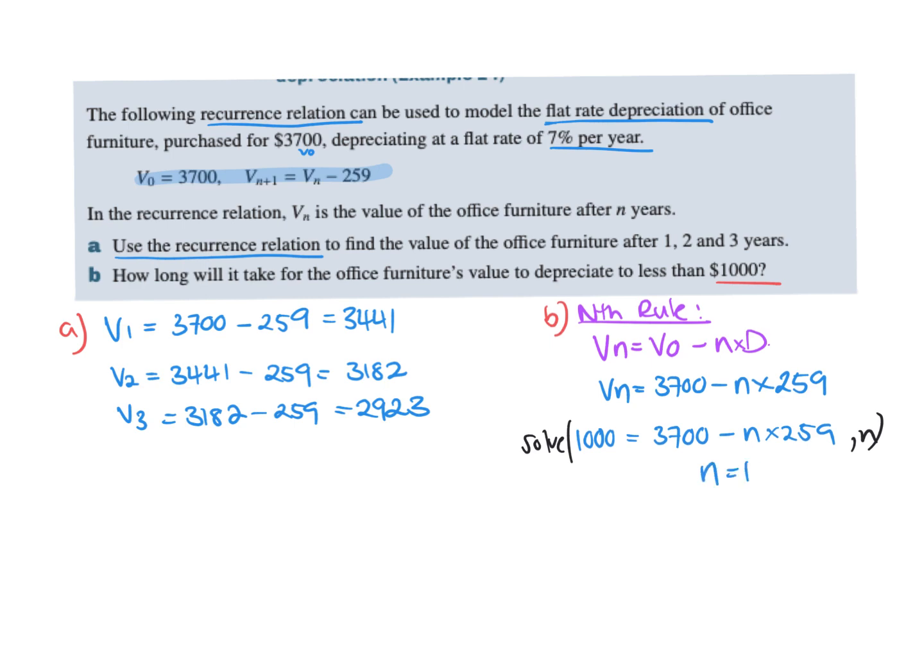So n equals 10.4. So in this case, if I went to 10 years, the value wouldn't be under 1,000 yet. So what do we have to always do? You round up. So therefore we're going to say after 11 years, it'll be less than 1,000.